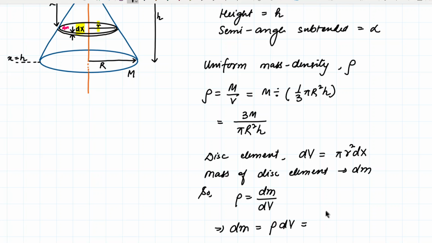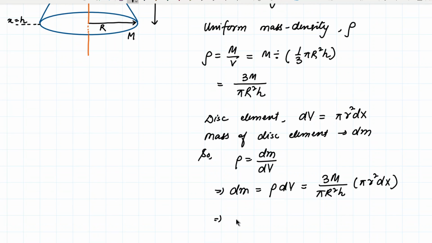So rho is nothing but 3M upon pi R square h, and dv is pi r square dx. So pi gets cancelled, and dm is equal to 3M r square dx upon R square h.